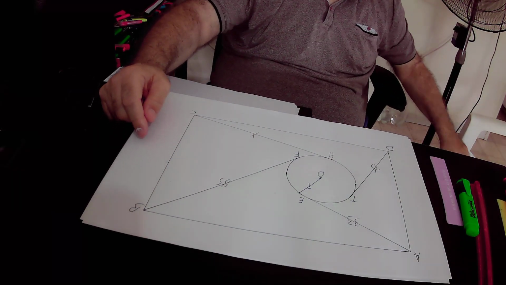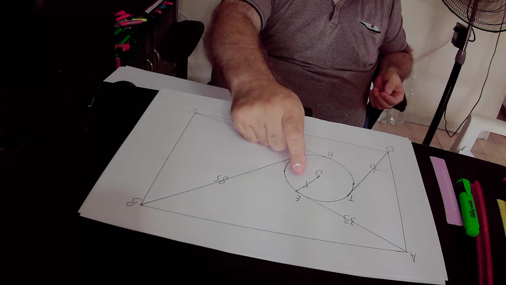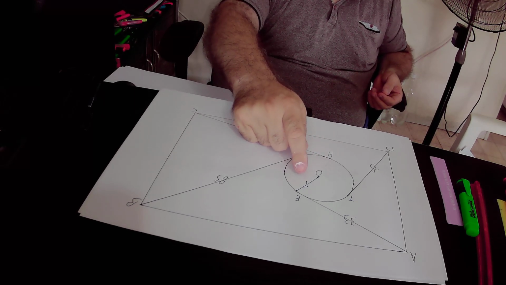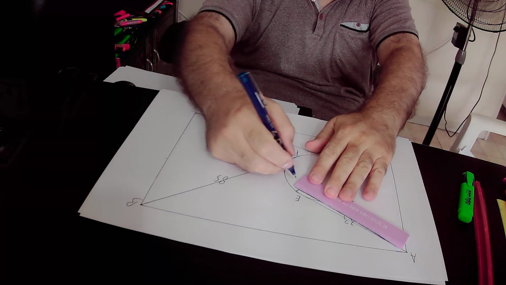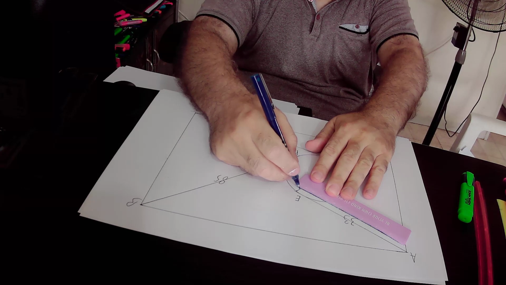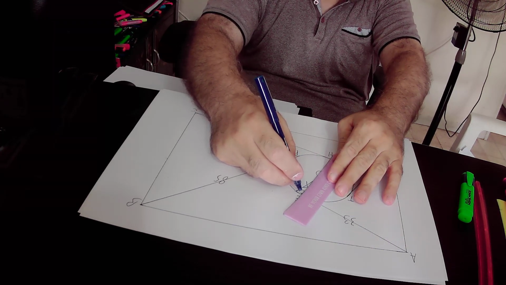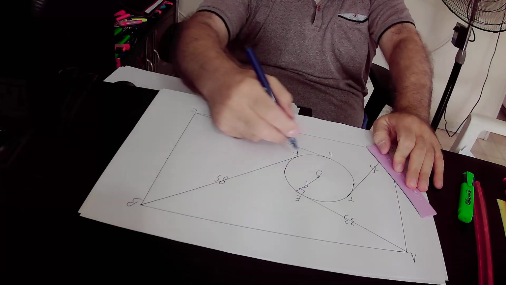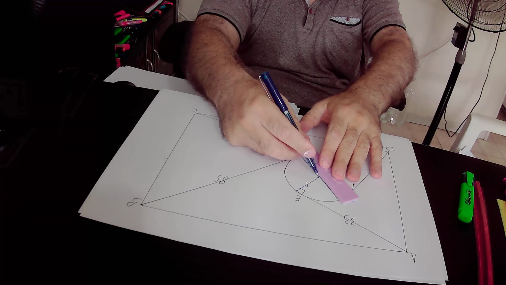In the drawing, we have the radius OE that is drawn to the point of tangency. Therefore, according to rule number 1, this angle will be equal to 90 degrees. Likewise, we join points O and F together by a straight line.